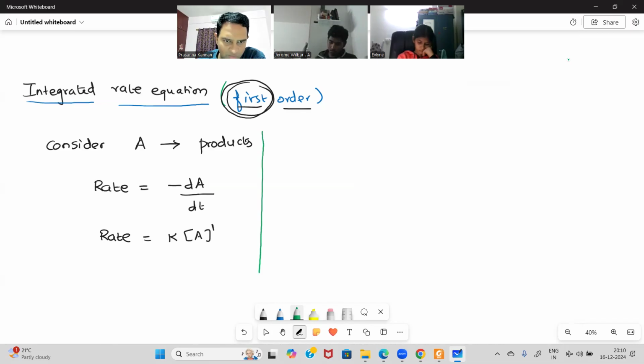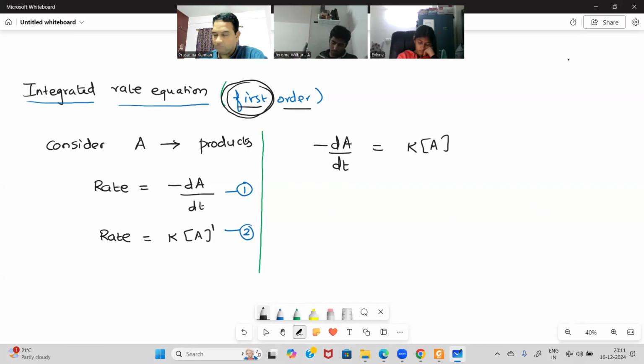Yeah. Now, because the LHS is the same, I can equate the RHS also. So I'm going to equate this now. Minus dA divided by dt is equal to K times A. Correct? Now we have to perform integration. For that, we are going to use the method from differential equations.